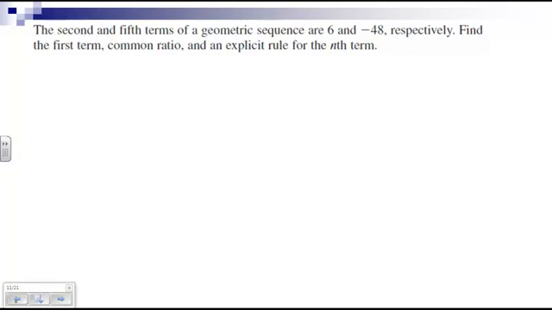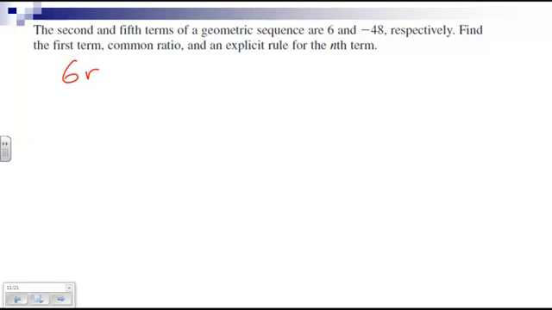How is it we're going to get from the second to the fifth term? We're going to multiply something by it 3 times. So can I write 6 times r? Wait, 6 is the second term. 6r is the third term.